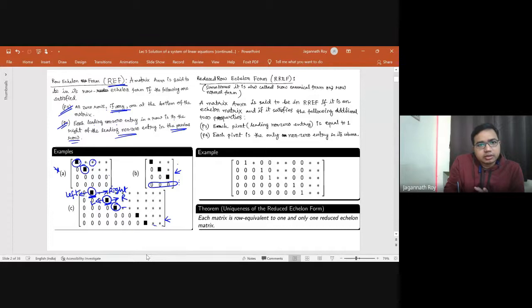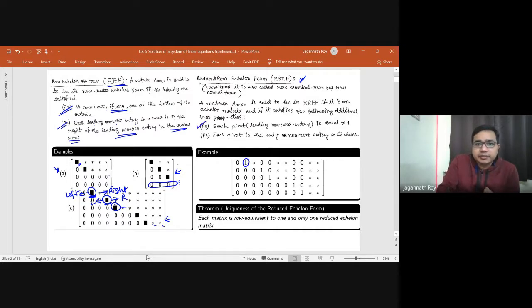Okay. Now, reduced row echelon form is a more specialized case of this row echelon form. What we have in this case: instead of an arbitrary leading non-zero entry, here we are saying 1. 1 is also non-zero. 1 is not equal to 0. So all these black squares, in place of arbitrary non-zero numbers, have 1 as the leading non-zero.